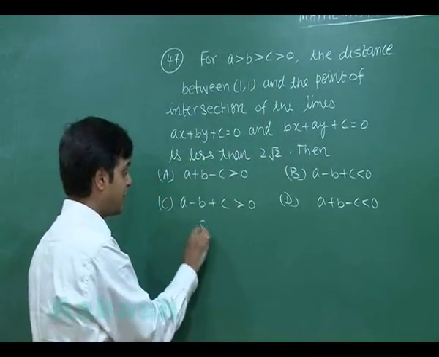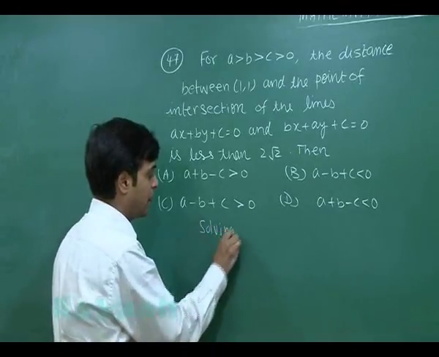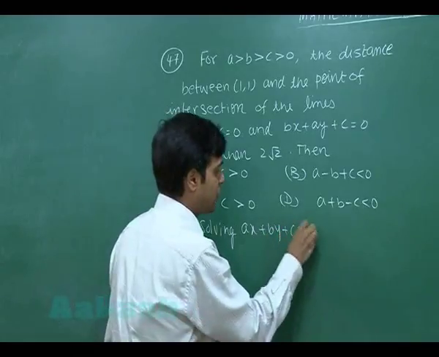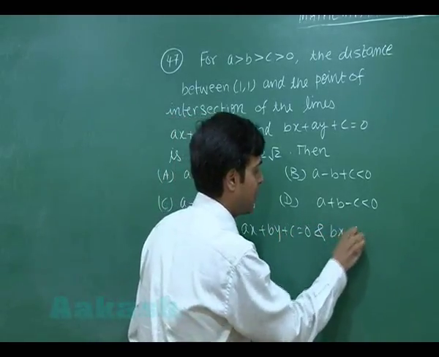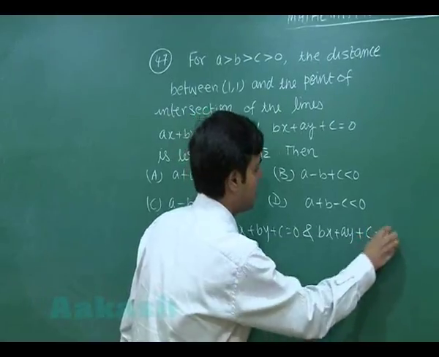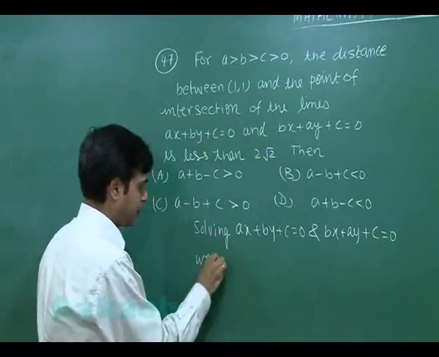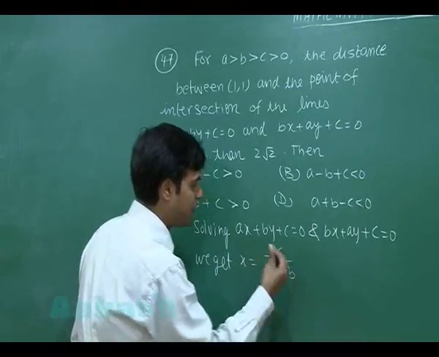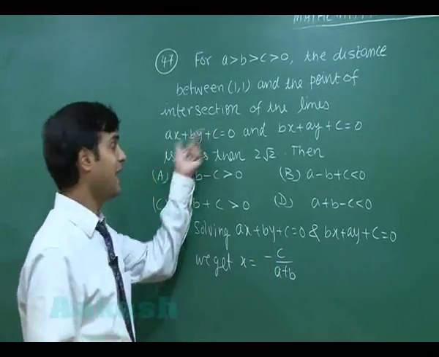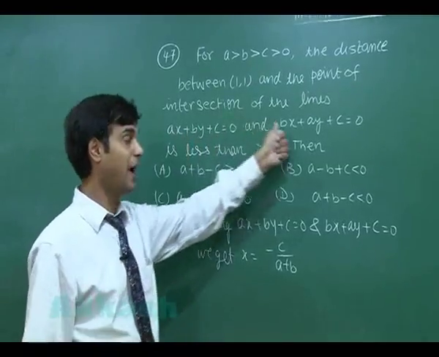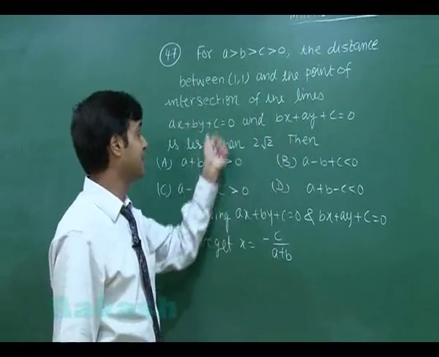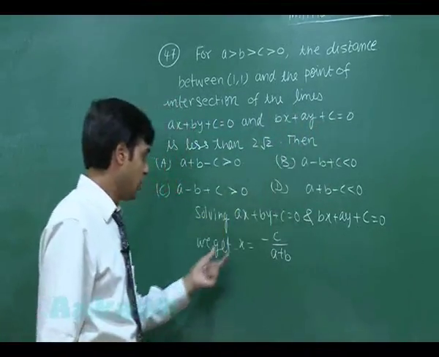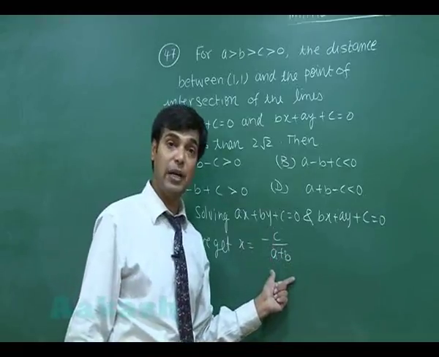Solving directly, we get a square minus b square into x plus ca minus cb equals 0. So we get x equals minus c upon a plus b.